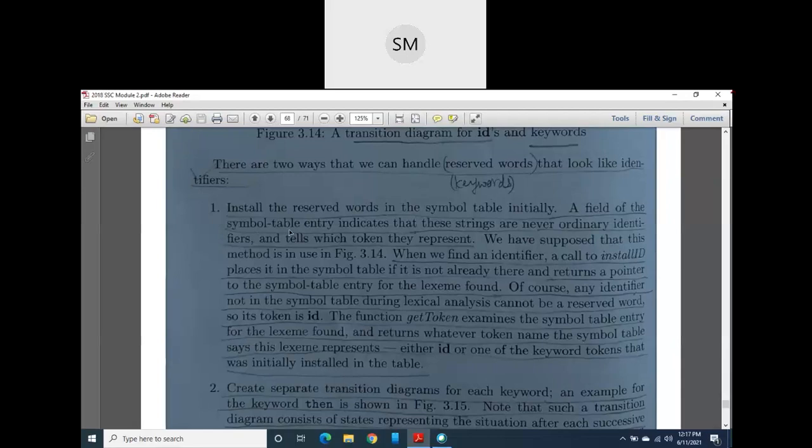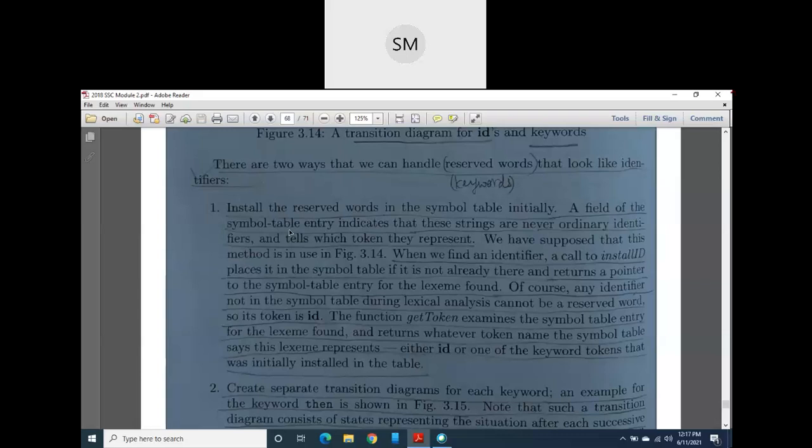Whenever you identify any lexeme, any token, you keep on inserting them into the symbol table. But one condition is that the symbol table should be pre-loaded.